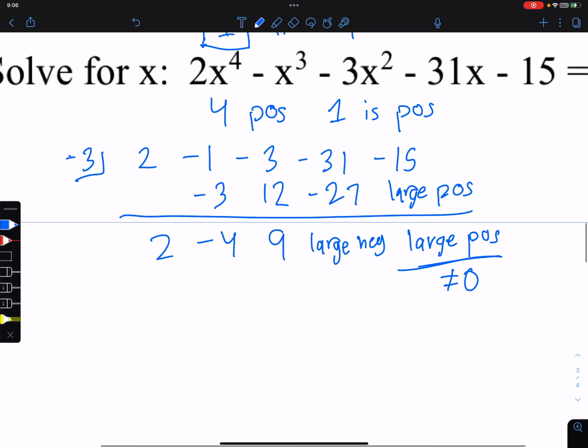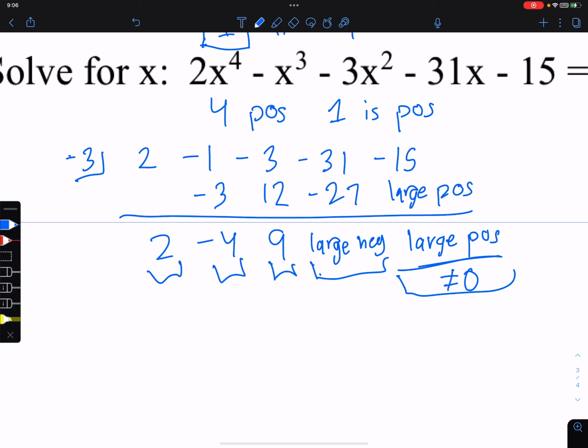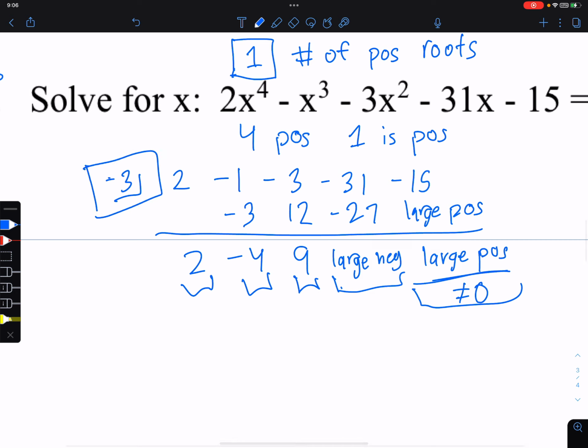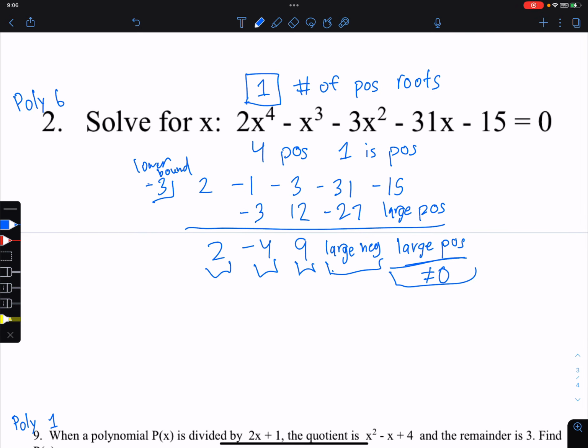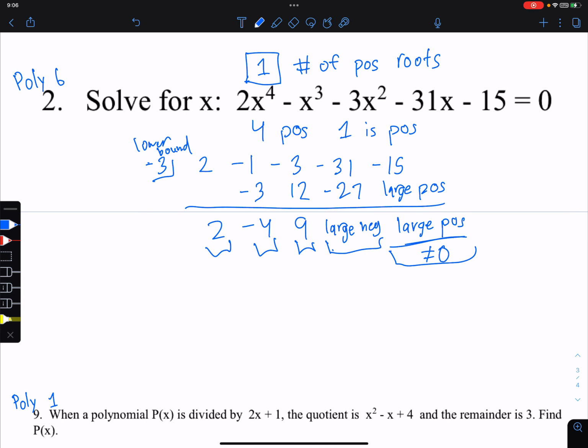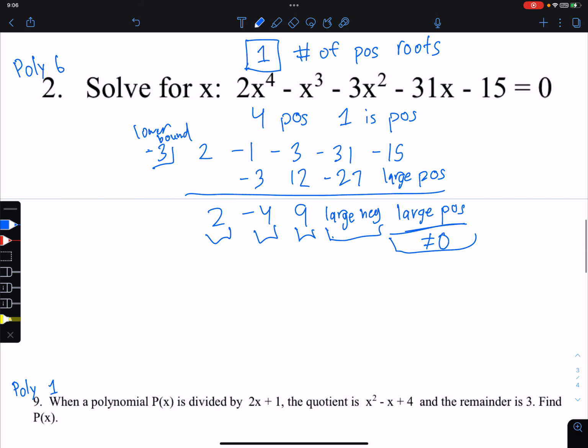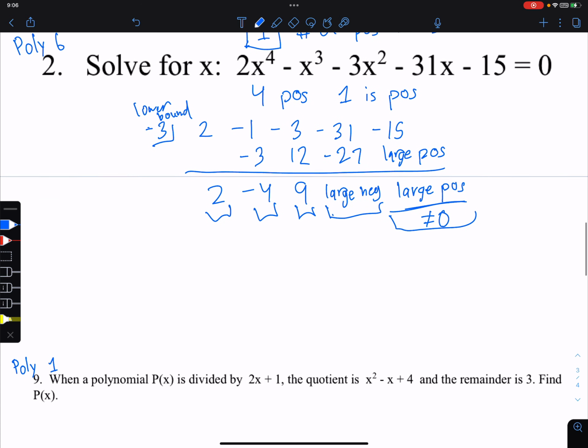But what do we get? This is positive, this is negative, this is positive, this is negative, this is positive. So -3 is the lower bound. And that's another strategy, using lower bounds and upper bounds to your advantage. So if this is the lower bound, keep on trying.